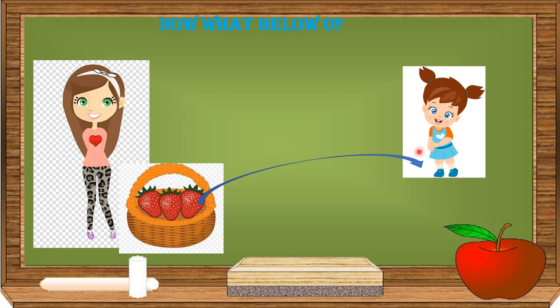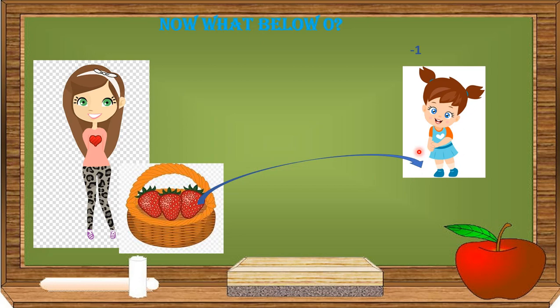So here she has nothing, but still she has to return the strawberry. So the return, this term, we define it with a minus sign here. So how many strawberries does she have to return now? 1, but she has to return, so that is minus 1 strawberry she has to return when she has 0 strawberries in this position.